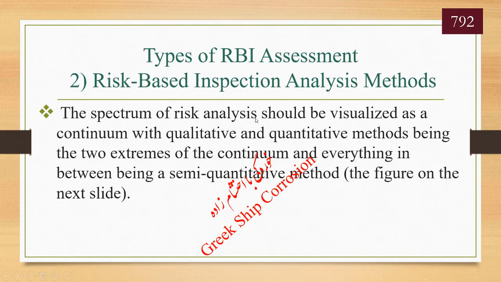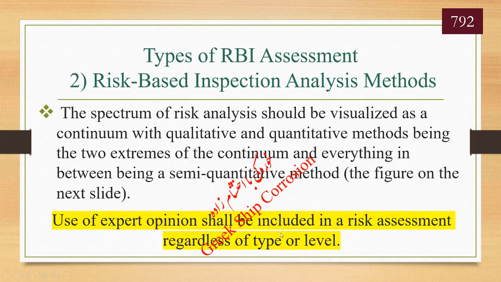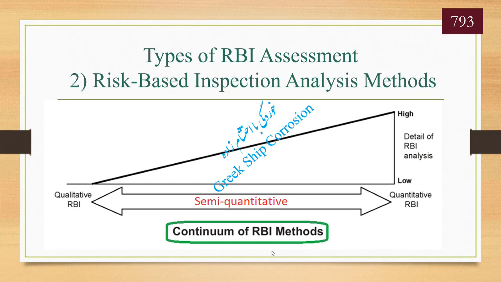The spectrum of risk analysis should be visualized as a continuum with qualitative and quantitative methods being the two extremes of the continuum and everything in between being a semi-quantitative method. The figure on the next slide. Use of expert opinion shall be included in a risk assessment regardless of type or level.